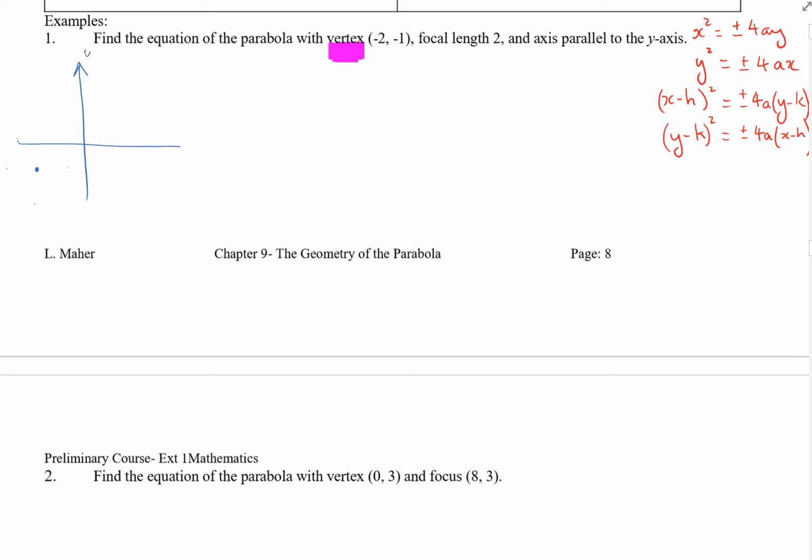So here's my y-axis. So I know the axis of the parabola is here. So again, I still don't know, is my focus 2 units up here or 2 units down there? And there's nothing in the question that answers that.